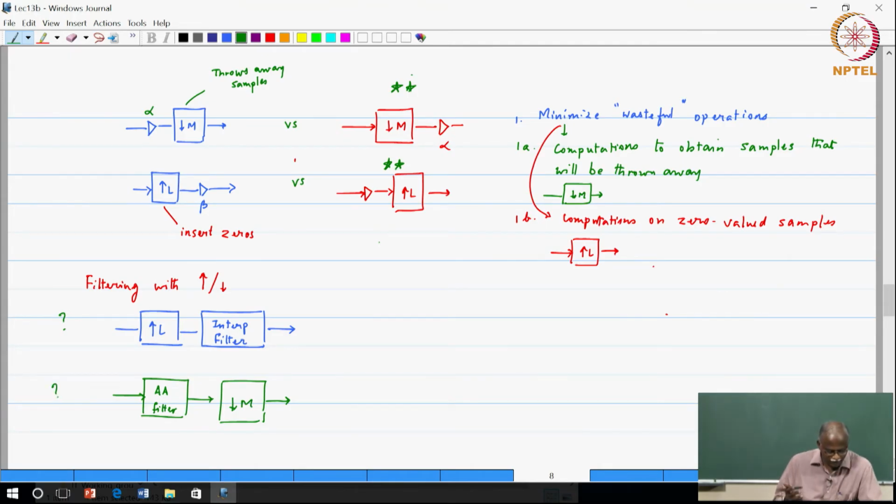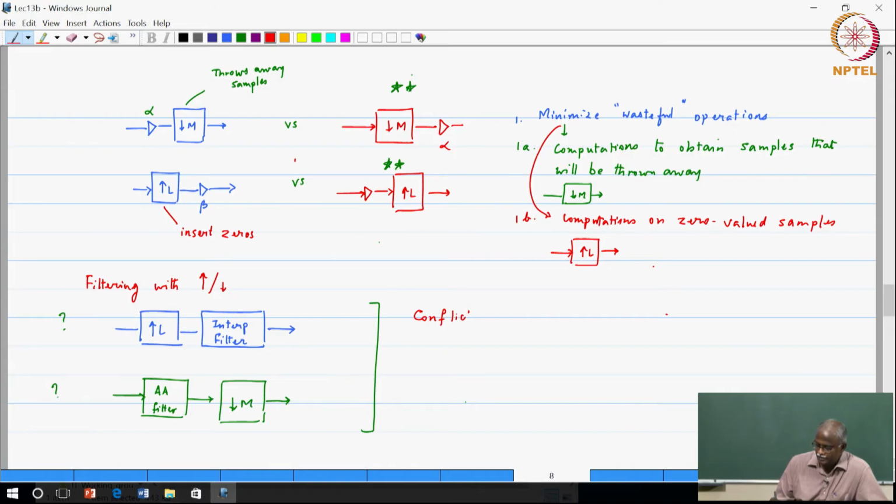There is probably nothing, because in both cases the filtering needs to happen where it is happening. In one case it is happening after the insertion of zeros, in the other case it is before you throw away samples. So, really how do we take advantage of that? We see that there is possibly a conflict with the observations above. So, is there a conflict?